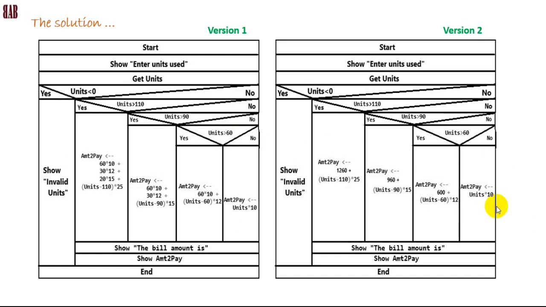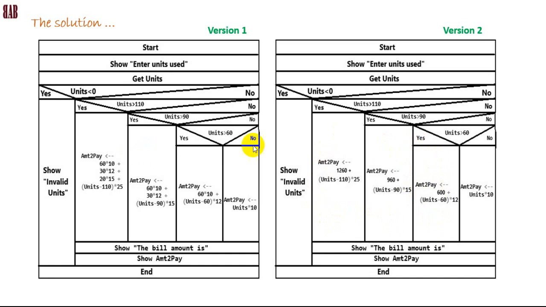If the user uses anything up to 90, then the calculation is done by this one. Because I can't do these calculations if they use anything above 60, because the above 60 part has to be calculated at 12. So that is why I have done that here. And the next slab is here, the next slab is here, right?